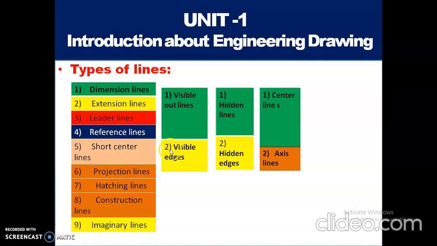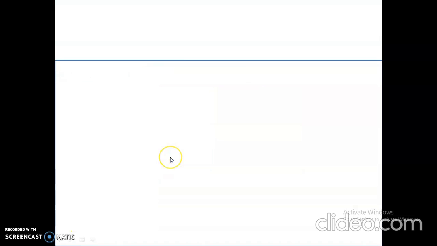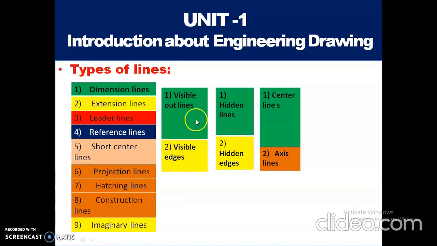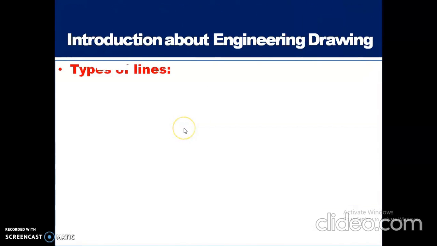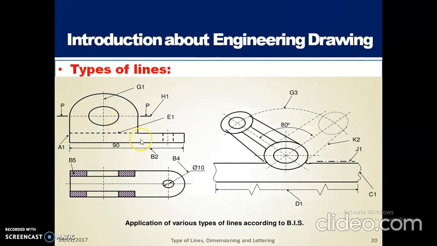We will see these lines in the drawing practically. See, this is an example diagram. Here, this is a continuous thick line. Continuous thick lines are used to draw visible outlines and visible edges.